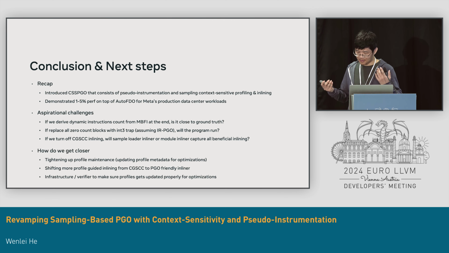We have some thoughts on what we can do to improve things, like tightening up profile maintenance and shifting more inlining from the main CGSCC inliner to a more PGO-friendly inliner, be it the top-down inliner we added, or maybe something like the modular inliner. I think there's also a need for some infrastructure or even verifier-style things in LLVM to make sure that profile maintenance in the compiler is actually future-proof.